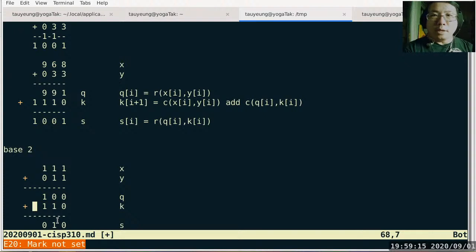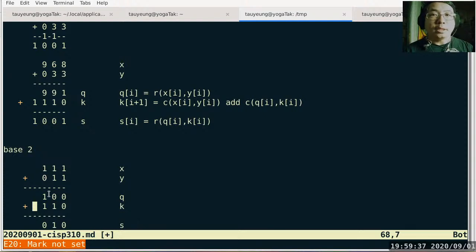Okay, so now we look at this bit over here. Because there's an implicit 0 over here, but we still have to look at K3. So K3, using this definition up here, is the carry of x2, y2. When we look at x2, y2, that's not going to give us a carry of 1.